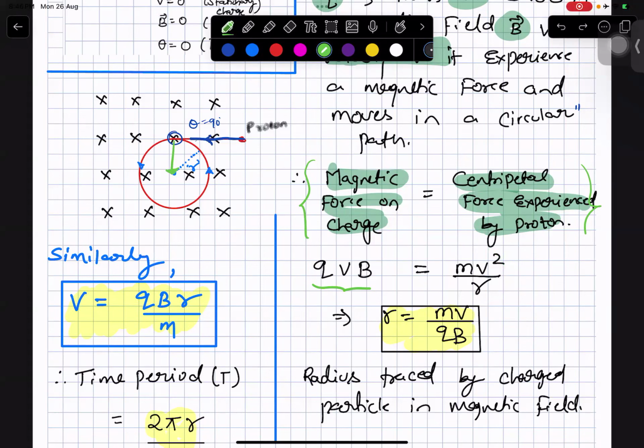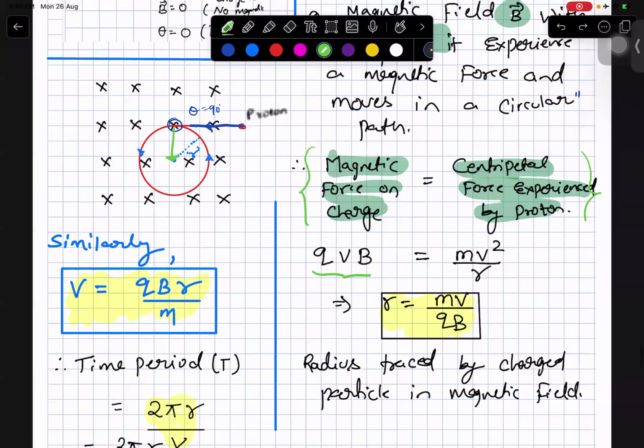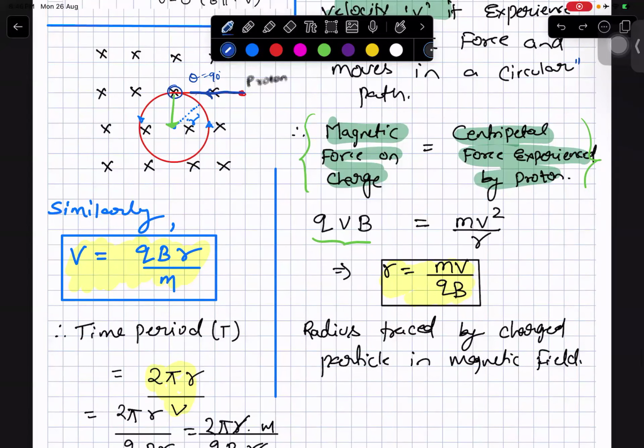Magnetic force on the charge is equal to the centripetal force on the proton. From here I can make either r as the subject or v as the subject, correct? If I make r the subject, the radius traced by that charged particle in a magnetic field will be mv upon qB.